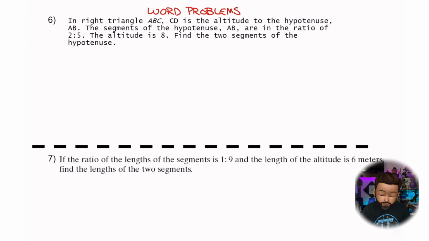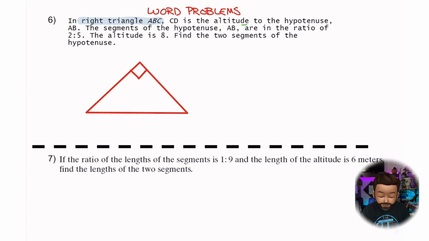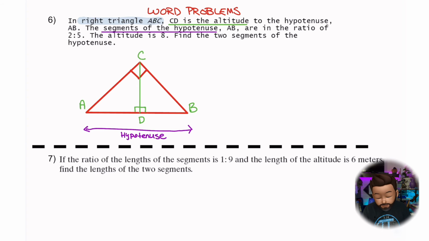Word problems are typically a little bit more that you have to piece through, take your time with, and draw a diagram. So we have right triangle ABC here, and I'm going to turn it upside down so I can make its altitude so that it looks like the problems I've been working with so far. That altitude is perpendicular, and they call it CD, so I know where my letters are. And I'm labeling where the hypotenuse of the big right triangle is.